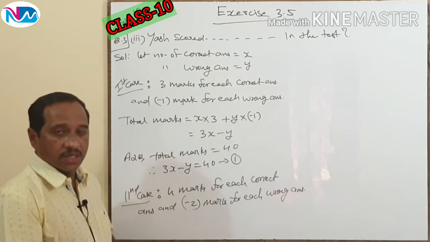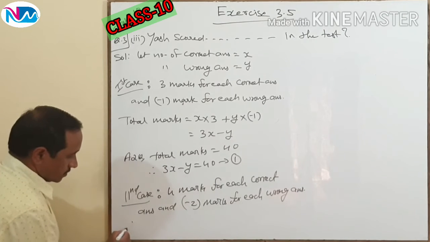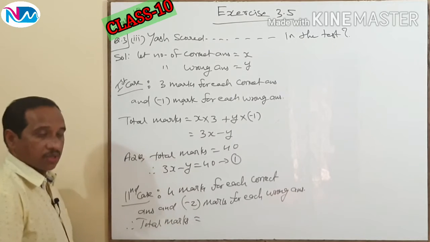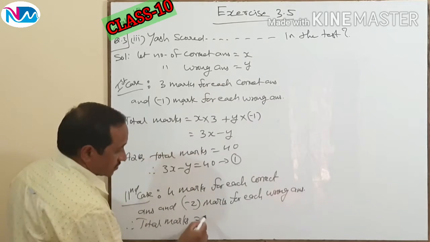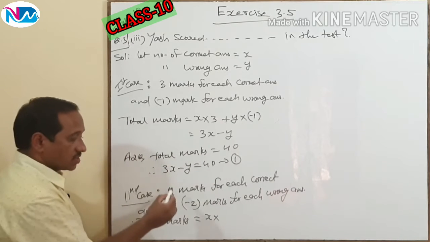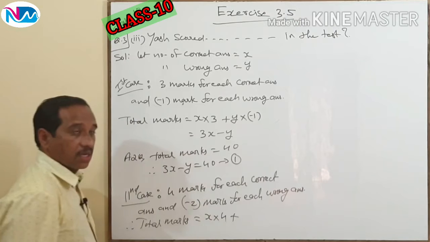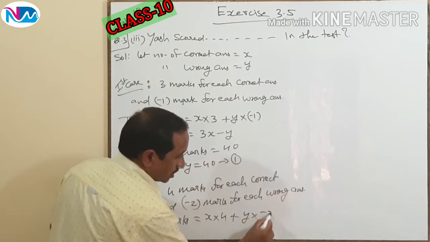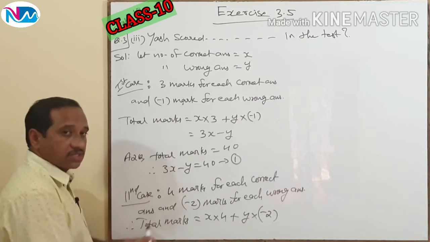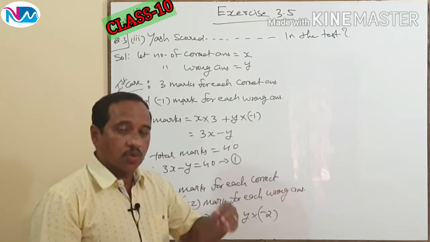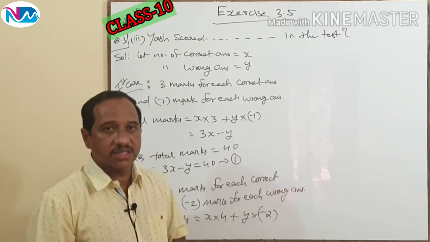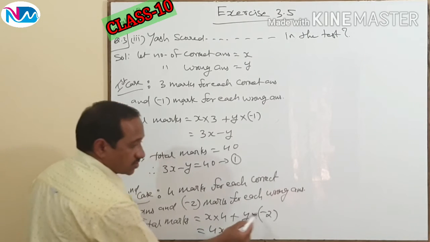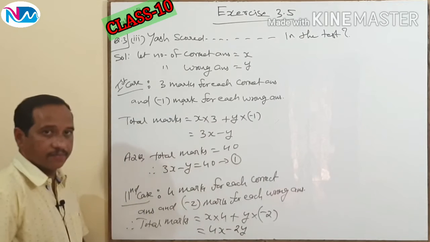According to this situation, if the total marks are calculated, the total marks will be equal to the number of correct answers x into the mark for each correct answer 4, plus the number of wrong answers y into the mark for each wrong answer -2. A mark of -2 for each wrong answer means 2 marks are deducted for each wrong answer, and it is equal to 4x plus y into -2, that is -2y.